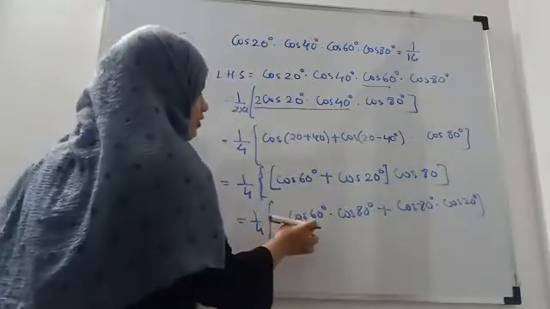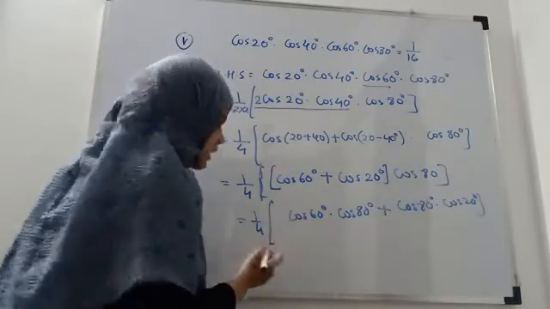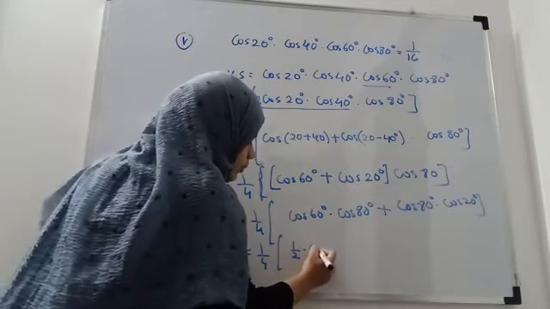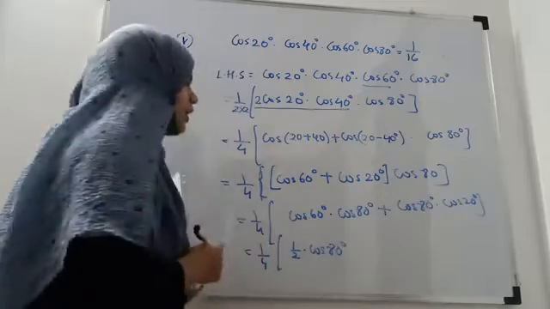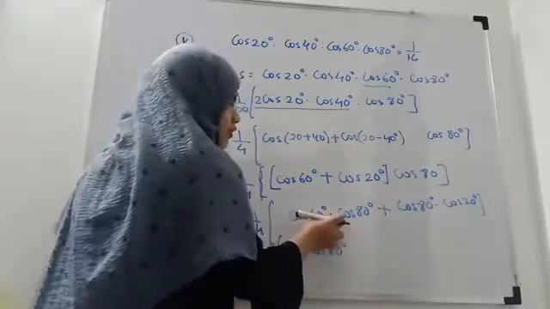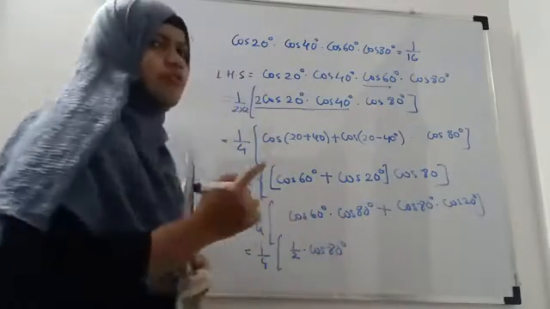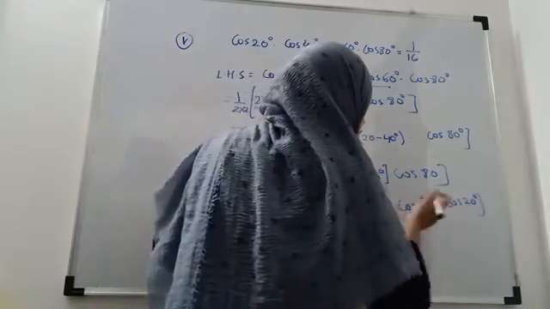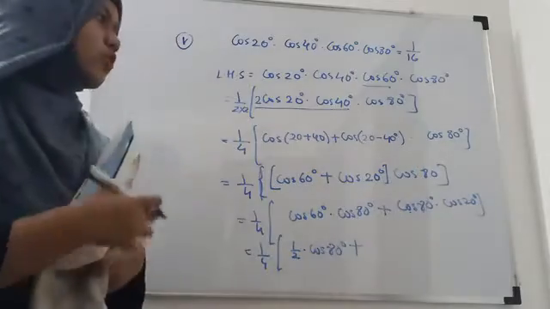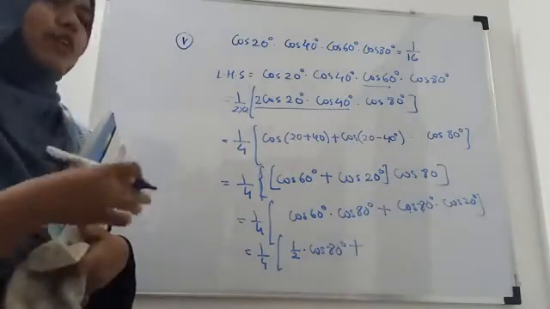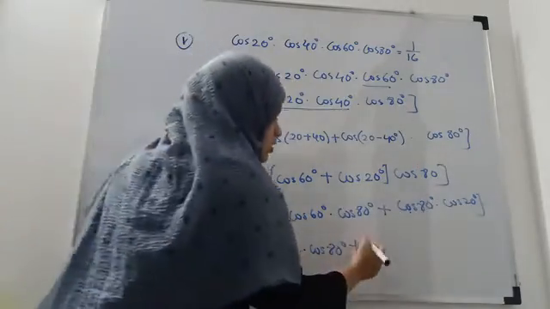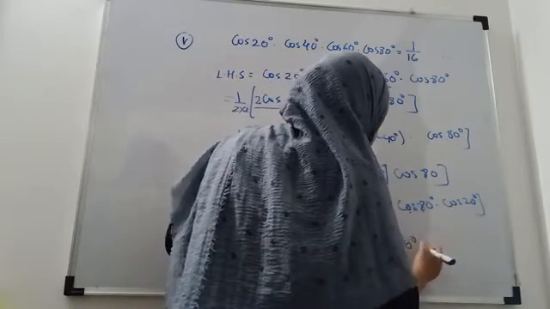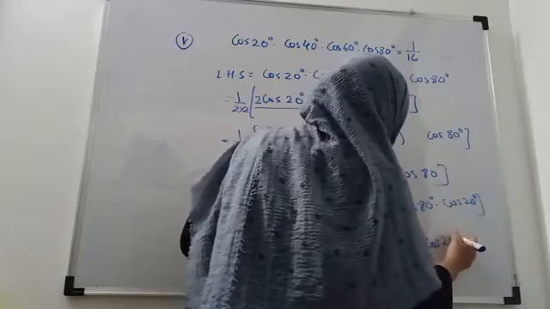Now again we'll take the value of cos 60 as a half, so you will be left with 1 upon 4, half into cos 80. No need to apply any formula further for this because we are left with only one term, but here we have two terms, cos 80 into cos 20. So we will use that formula again, but for that we require 2 there, not 4.